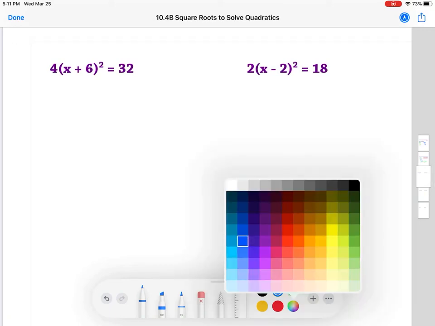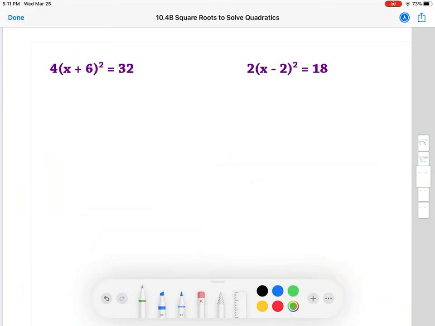Okay, let's look at these guys. We have x plus 6 squared, but it's multiplied by 4. So the first thing we should do is divide by 4. It's going to leave me with x plus 6 squared is equal to 8. Square root both sides, so we get the square to cancel out.